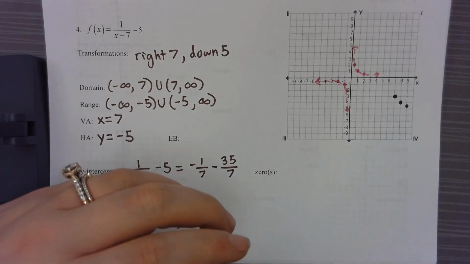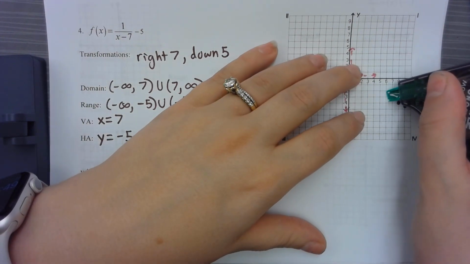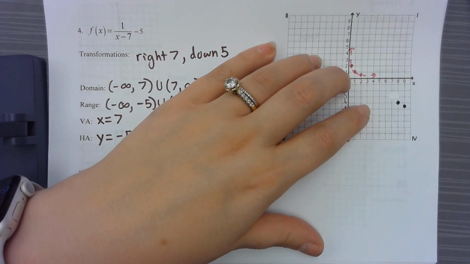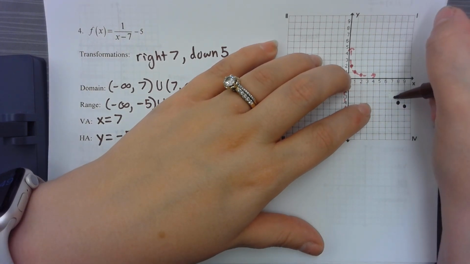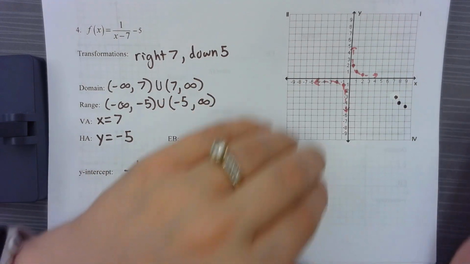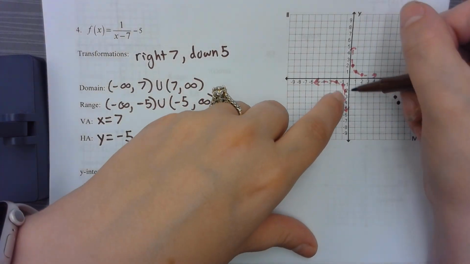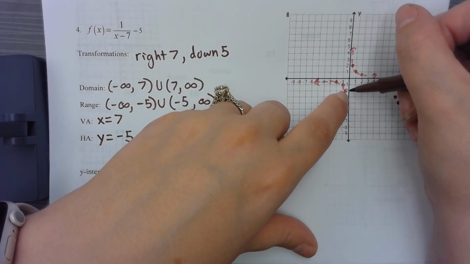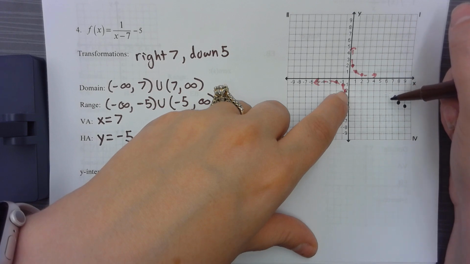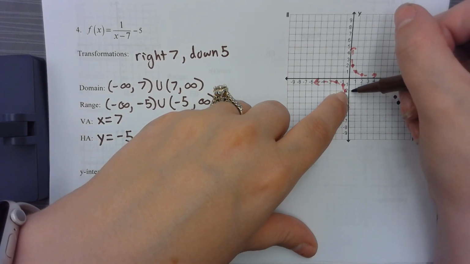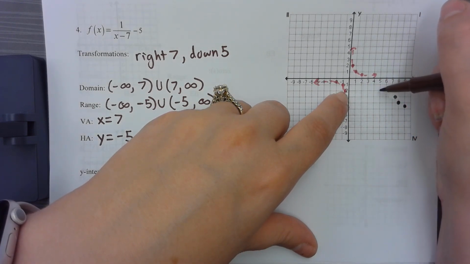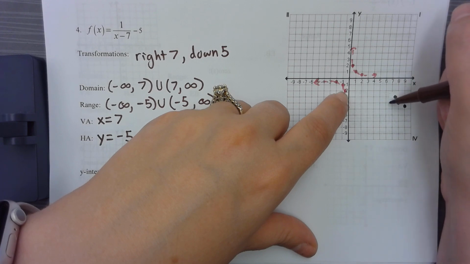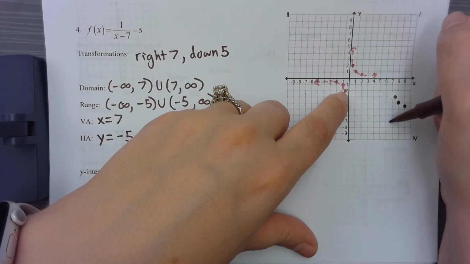Oh no, I did that too far. Sorry, that's not right. 7 and down 5 would take me here. Okay. And then we do these, so right 7 and then down 5. So 1, 2, 3, 4, 5, 6, 7. 1, 2, 3, 4, 5.